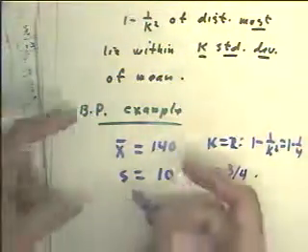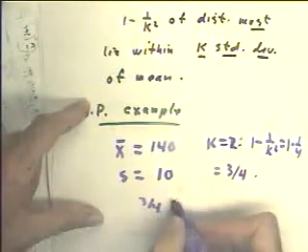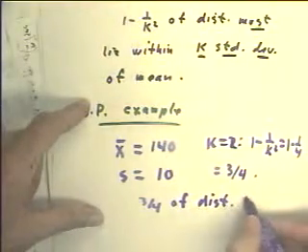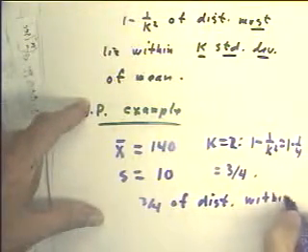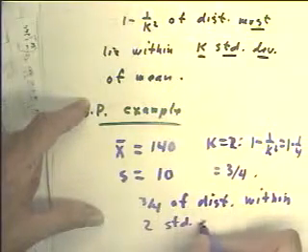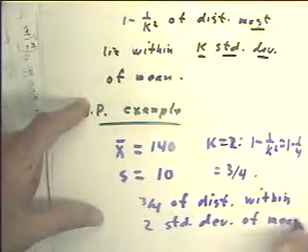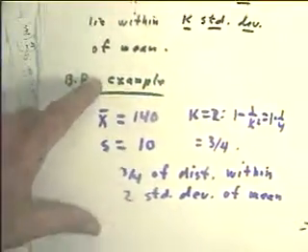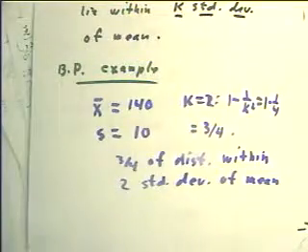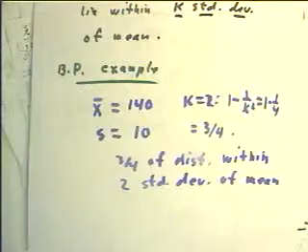So this says that this proportion, 3/4, of the distribution is within, and has to be within, 2 standard deviations of the mean. Can't be less than 3/4.